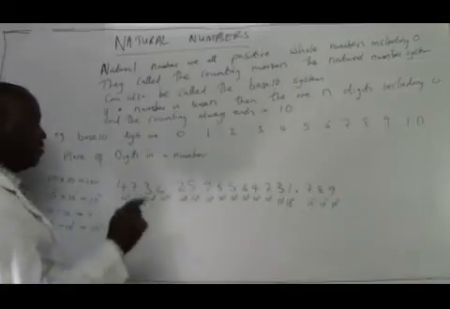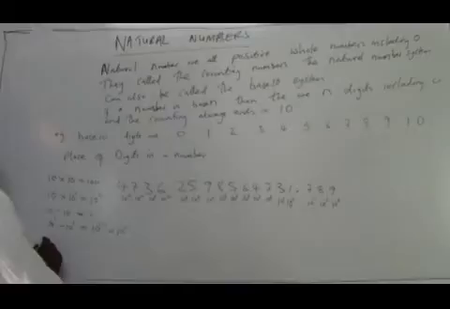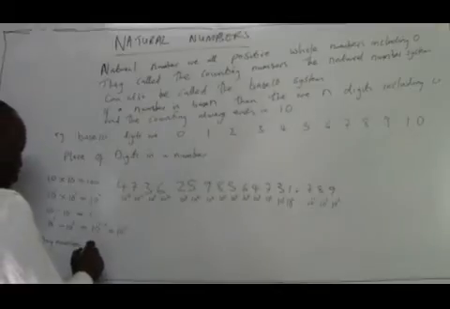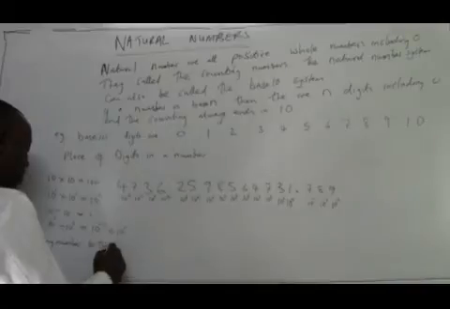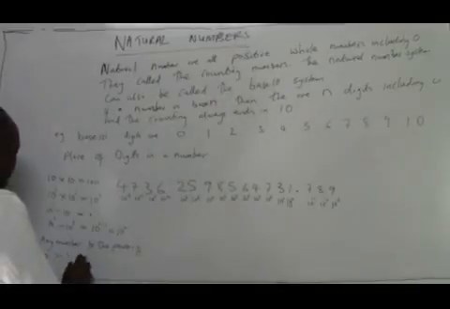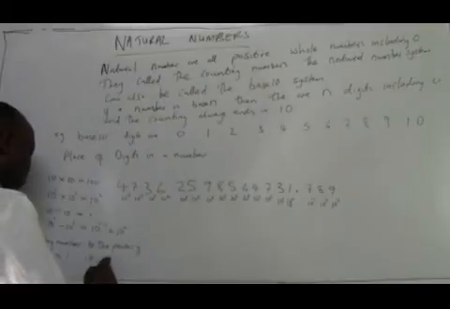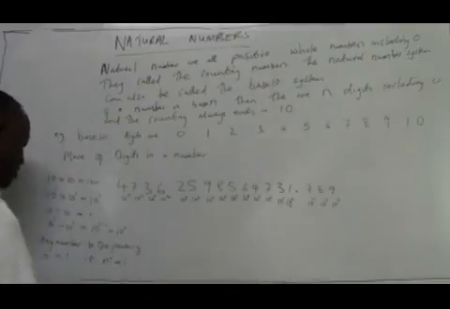So any number to the power of 0 is 1. That is, n to the power of 0 is always 1.